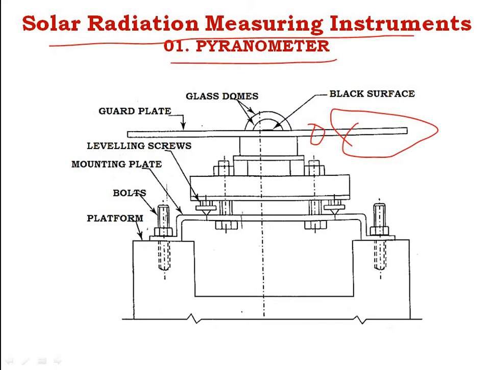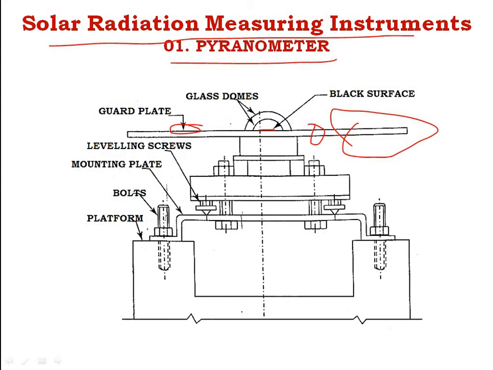This portion is the guard plate, you can see. I have highlighted the black surface in red, and this whole part is the guard plate. The cold junctions are located under the guard plate so that they do not receive radiation directly. As a result, EMF is generated, recorded or integrated over a period of time, and is a measure of global radiation.